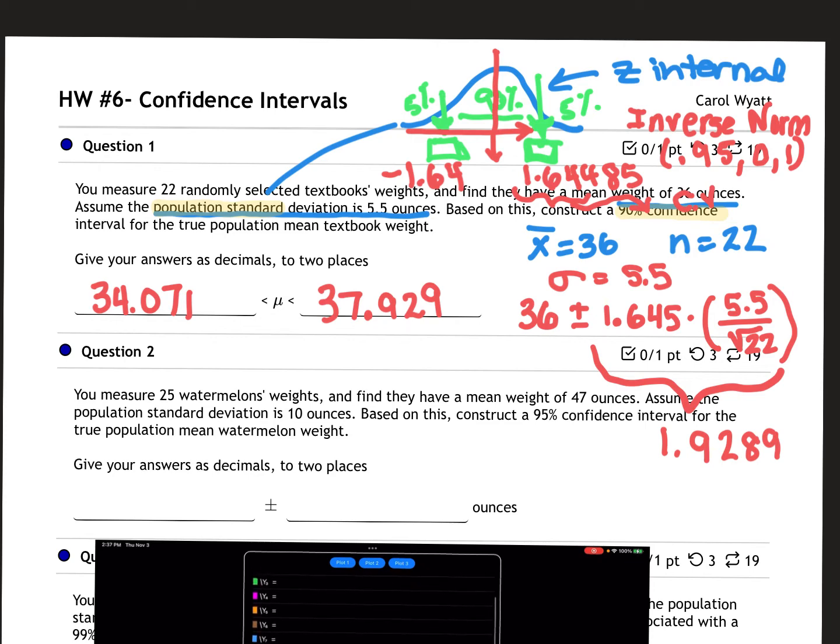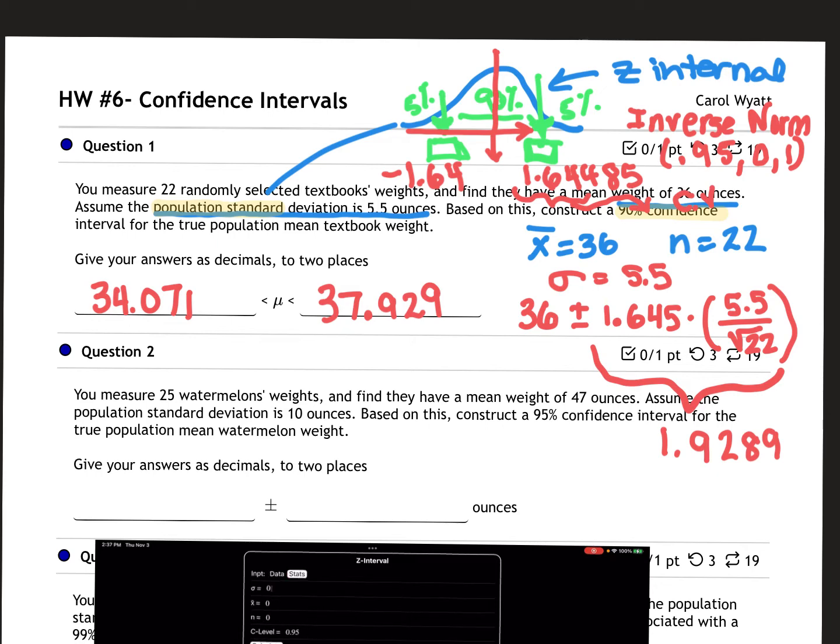So I'm going to be in my home screen. Here I am. And I'm going to hit Stat and over to Tests. I'm on a TI 83, 84, and I go down to number 7, which is Z interval, and I hit Enter. And then it asks me, do you have a list of data or do you have summarized statistics? They gave me statistics.